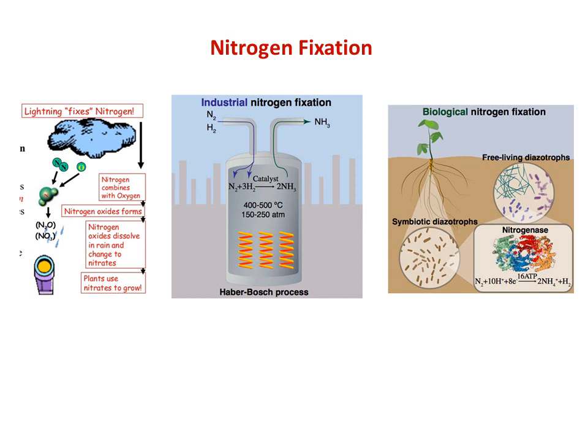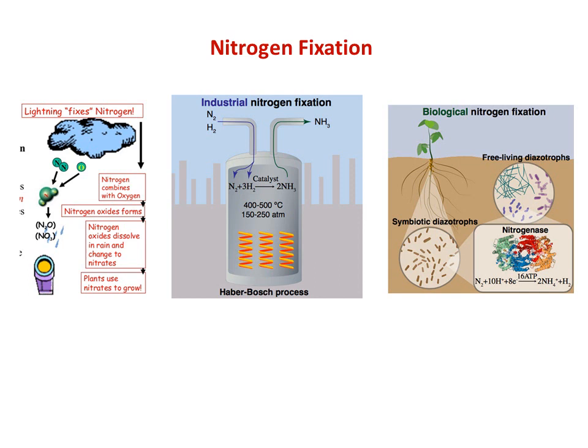In this method, nitrogen is combined with hydrogen at a temperature of around 400 to 500 degrees Celsius and at very high pressure of 150 to 250 atmospheres. The nitrogen gets converted into ammonia. Later, this ammonia is utilized for the production of various inorganic fertilizers.